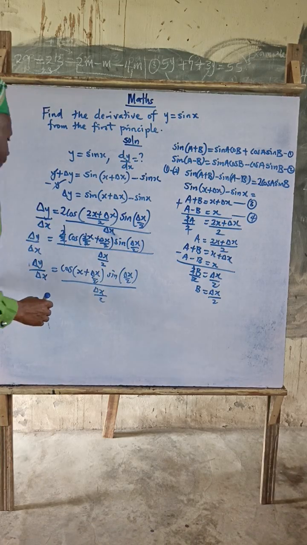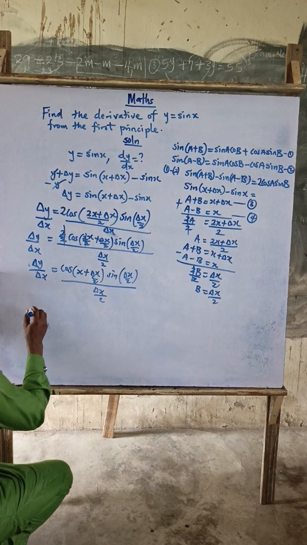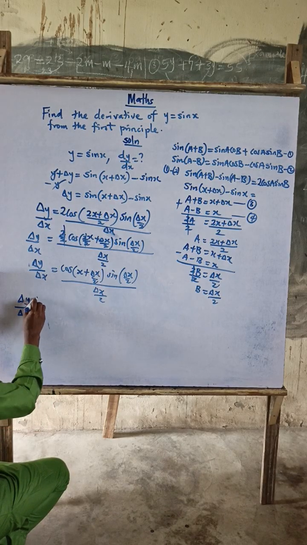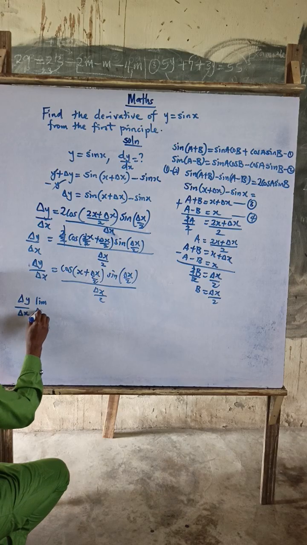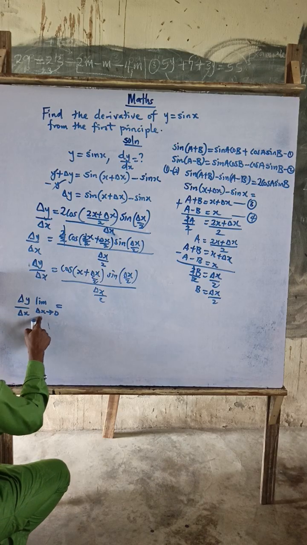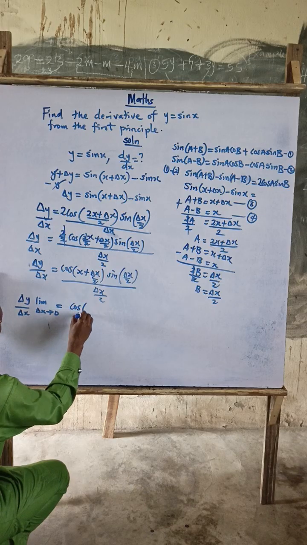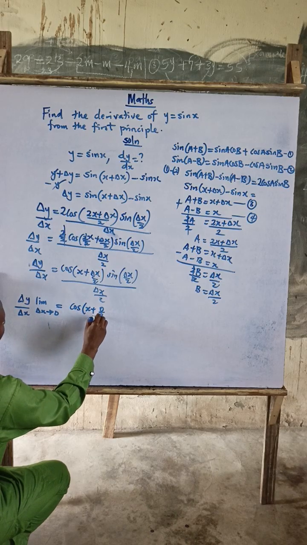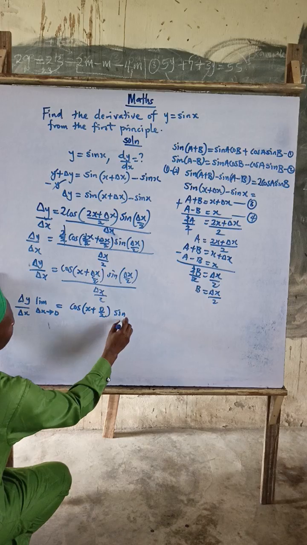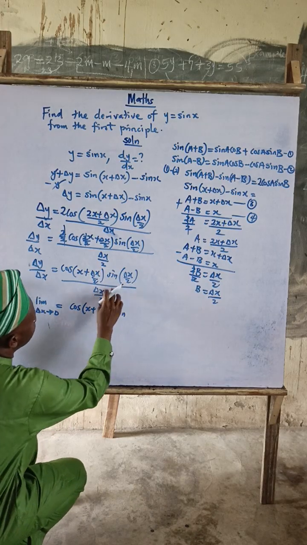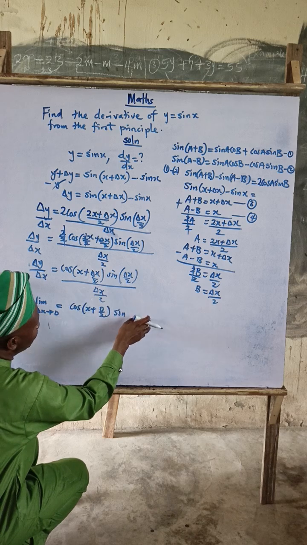Now what we are going to do is take the limit of delta y over delta x as delta x tends to 0, that is as delta x approaches very close to 0. So we have cos of x plus 0 divided by 2, then sin of delta x over 2 divided by delta x over 2, which tends to 1.